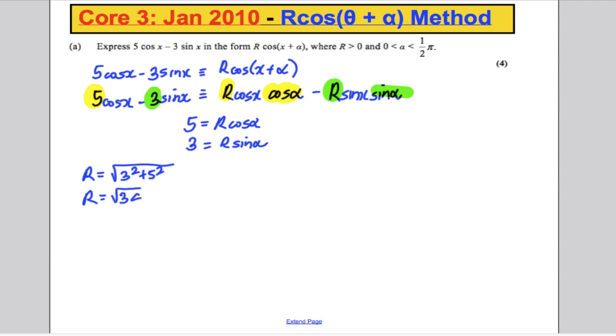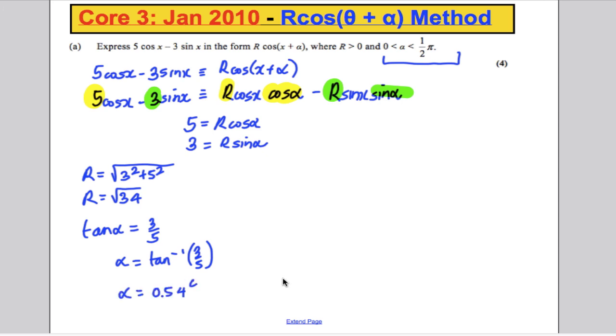So that's R. As always, tan alpha is this equation divided by this equation, so tan alpha must be 3/5, and therefore alpha is the inverse tan of 3/5. We're working in radians mode, so put your calculator in radians mode and you get 0.54. So alpha is equal to 0.54 radians to 2 dp.